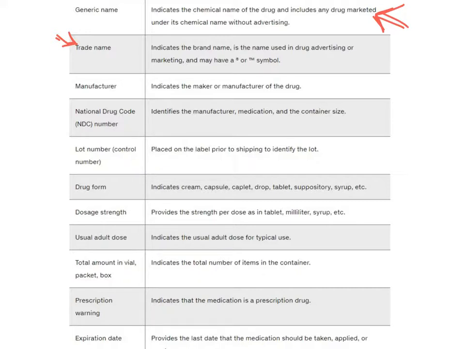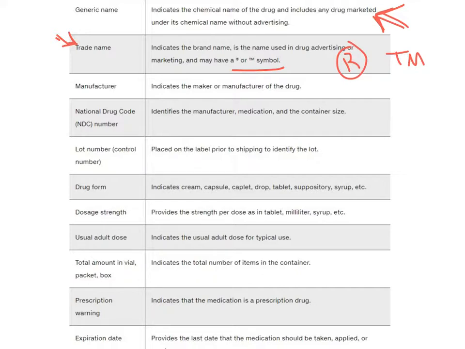The best way to tell whether you're looking at a brand is when you see an R with a little circle around it, or the TM. R means registered, TM means trademark. We'll see some examples on the next couple of slides. A great example is Advil. Advil is the brand name of a drug.